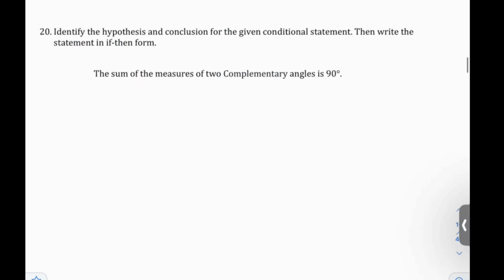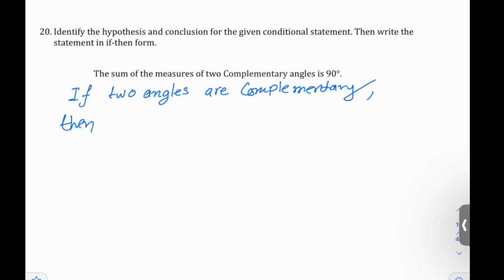Here the same thing. The sum of the measures of two complementary angles is 90. So we can rewrite it in this way. If two angles are complementary, then their measures, or the sum of measures, is 90 degrees. طيب.